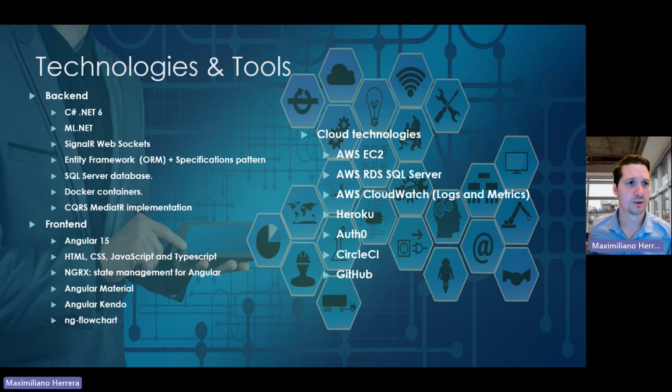Okay, so now let's talk about the technologies and tools that I used on this project. Let's start with the backend technologies. On the backend, we have C# .NET 6, ML.NET, which is machine learning for .NET, SignalR WebSockets, Entity Framework with specifications pattern, SQL Server database, Docker containers, and CQRS mediator implementation.